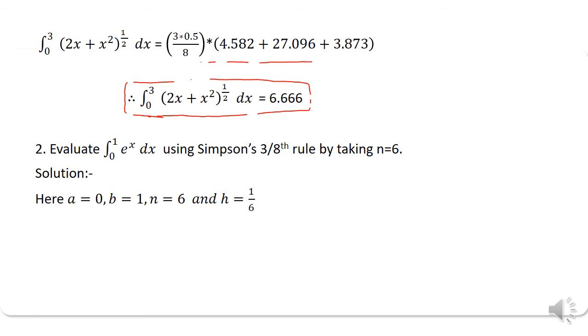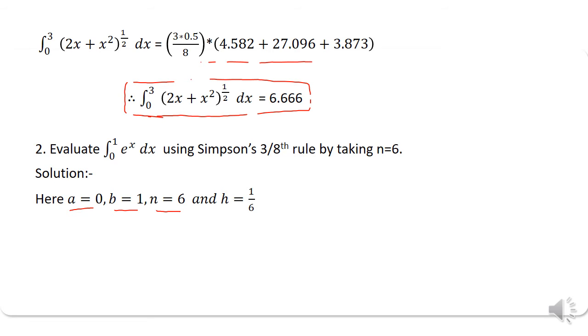The second problem, evaluate integral 0 to 1 e power x dx using Simpson's 3/8 rule by taking n equal to 6. Here a equal to 0, b equal to 1 and n equal to 6. Observe that n is a multiple of 3 and h equal to 1 by 6.